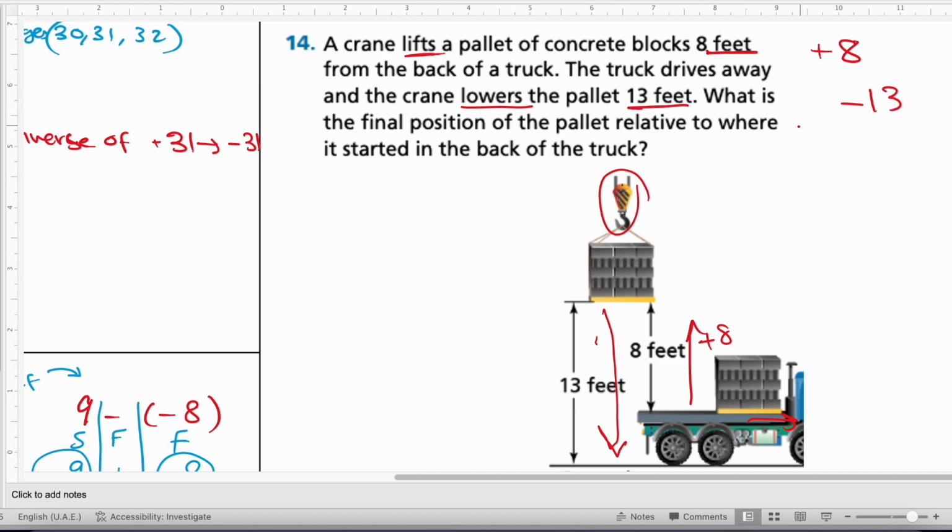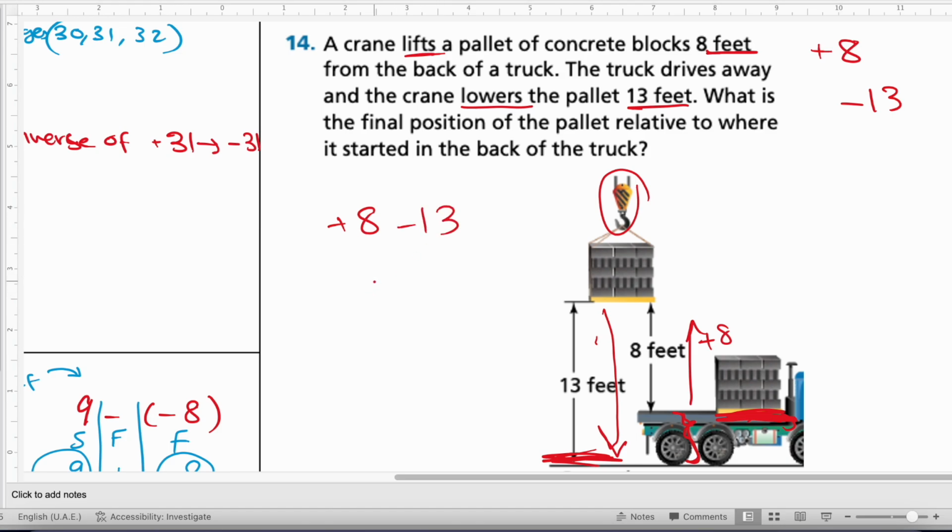They want the final position of the pallet relative to where it started. So basically they want us to find what happened to the concrete. It was here and then it became here. So how much is the difference? Basically they want to see what happened in all, which is positive 8, negative 13.